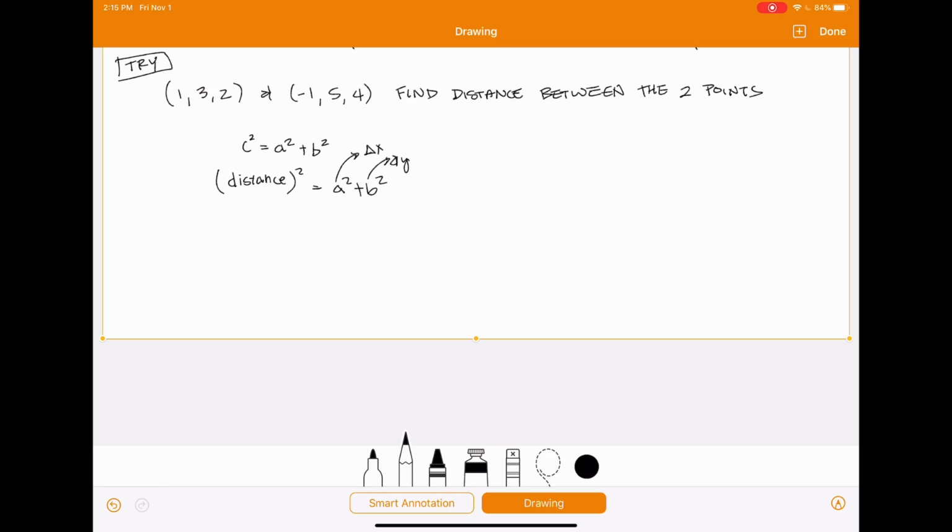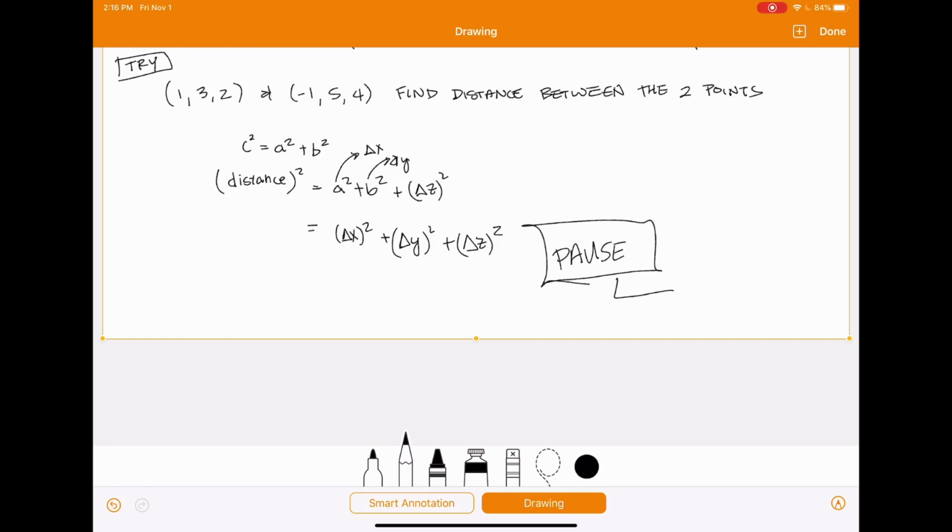All right, so if we add a third dimension to that, we can just add in the change in z squared. All right, so our distance squared is going to equal our change in x squared plus our change in y squared plus our change in z squared. All right. So take a minute and pause this. Try to work it out on your own, and then you can check your answer.